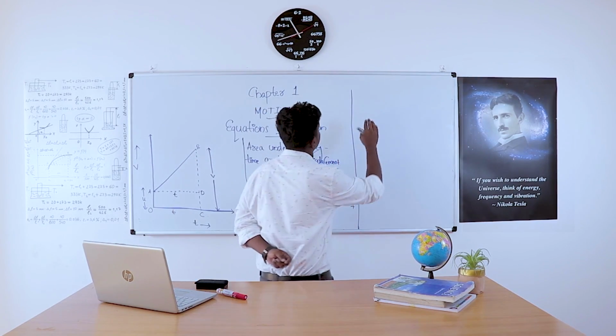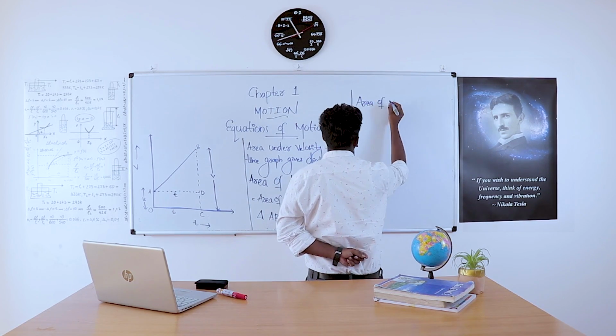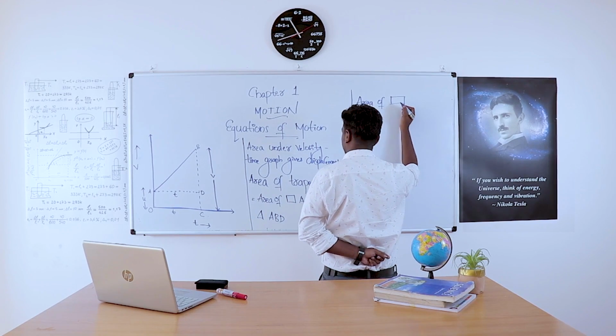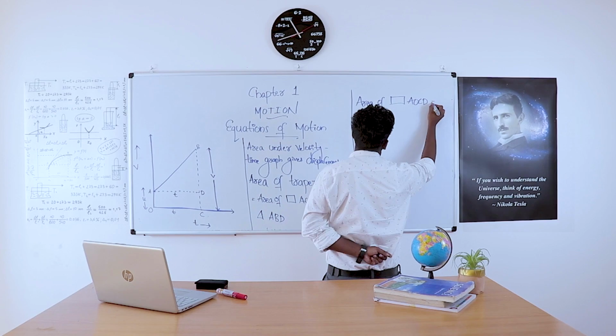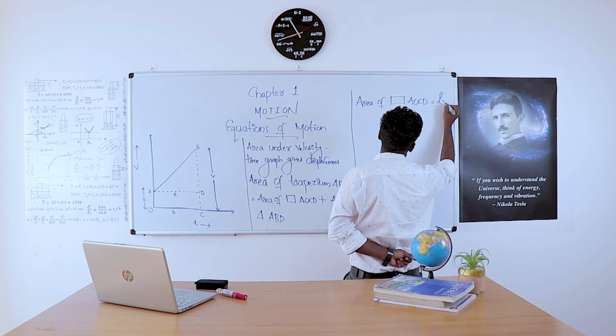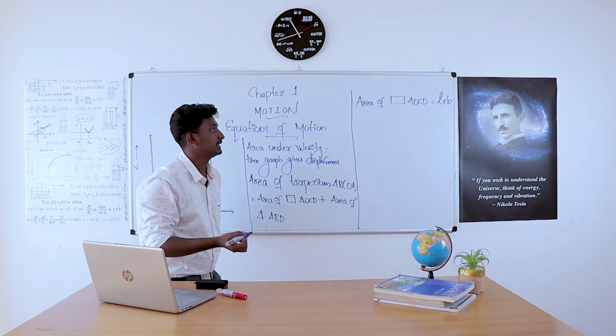I am finding it separately. First, I am finding the area of rectangle AOCD. We already know that length into breadth always gives the area of a rectangle.